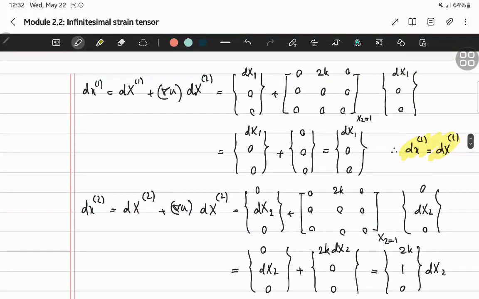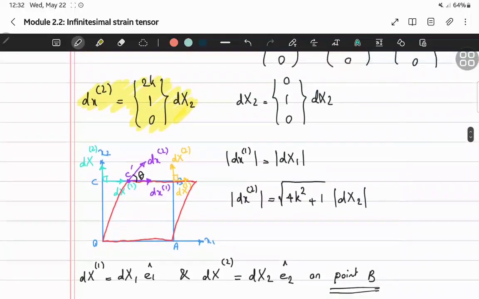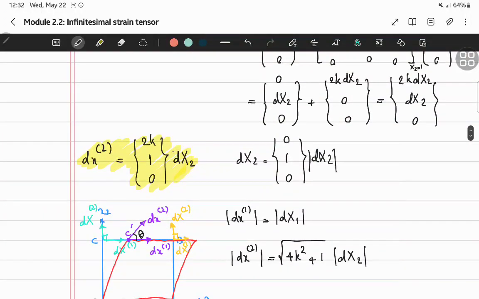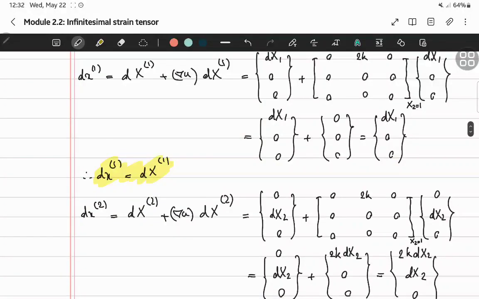It might be a good idea to put these in absolute value bars just to show that these are the magnitudes.